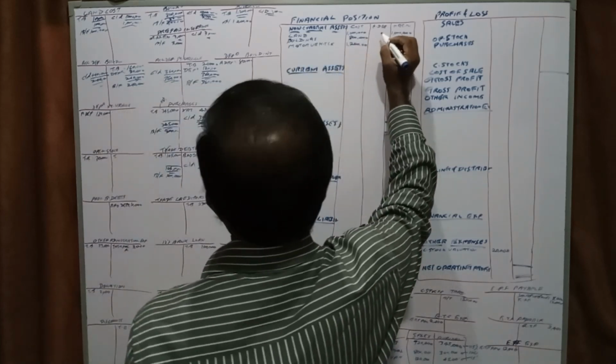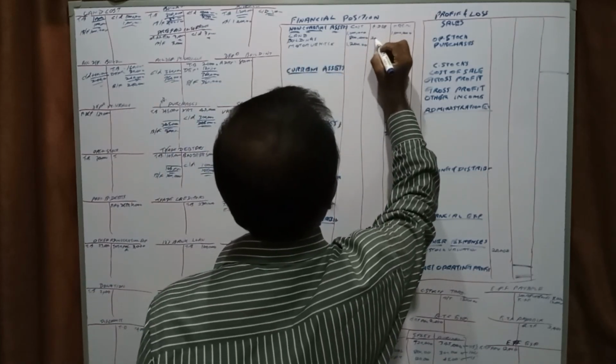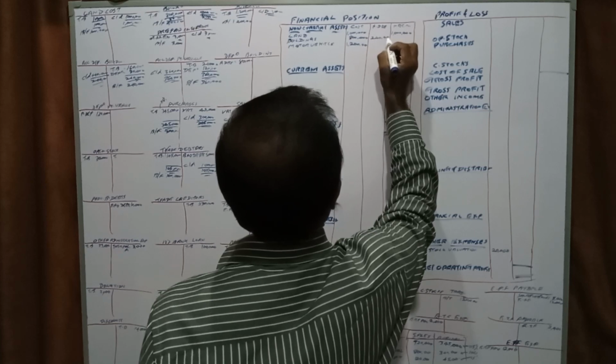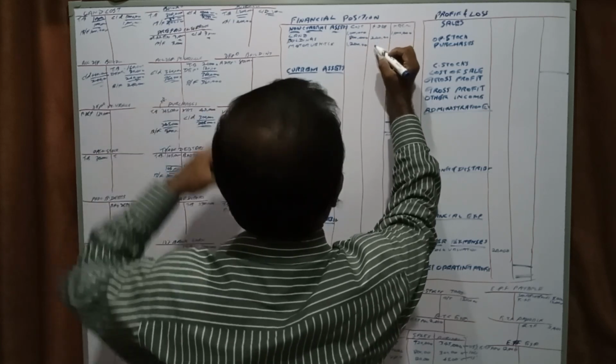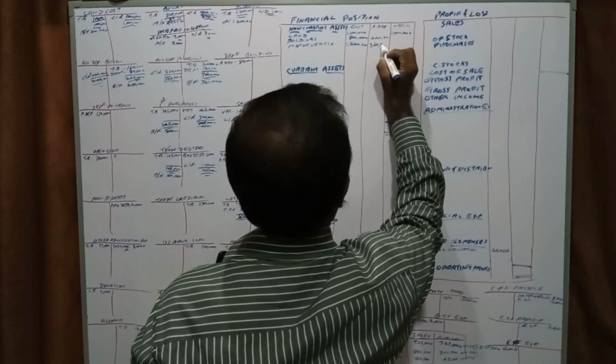So accumulated depreciation for building he says is 240,000, and for the motor vehicle 360,000.